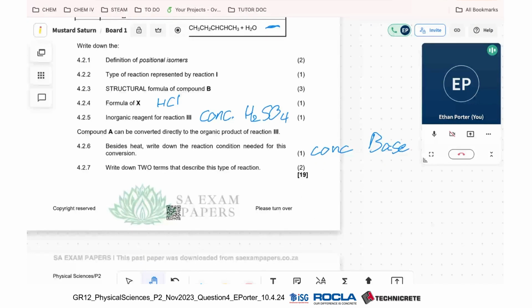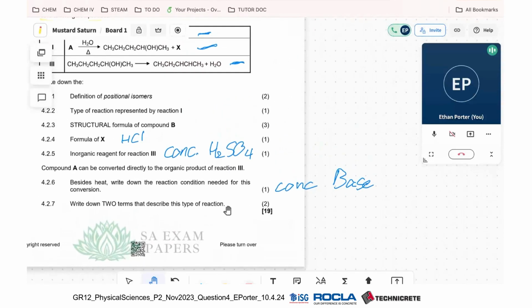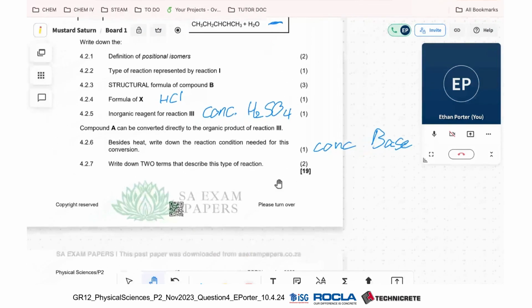Okay, so finally, the last question. Write down 2 terms that describe this type of reaction. Essentially, the reaction of converting the haloalkane directly back into the alkene, you can think of it as eliminating some atoms from the molecule.